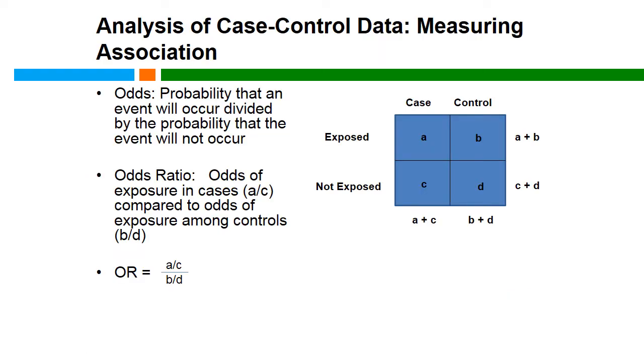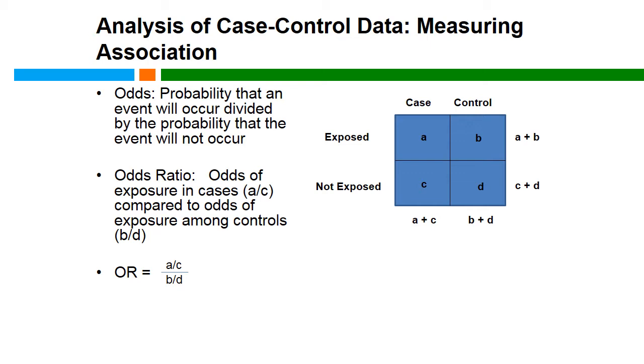As we just discussed, the analysis of a case control study includes the calculation of the odds ratio. So remember that odds are defined as the probability that an event will occur divided by the probability that the event will not occur. So in the case control scenario, the odds ratio is the odds of exposure among the cases compared to the odds of exposure among the controls.